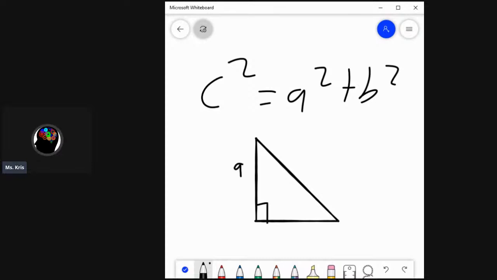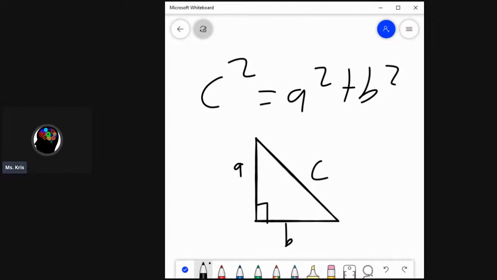So Pythagorean theorem is the squaring of the hypotenuse, and the squaring of the hypotenuse is the sum of the squares of the legs.